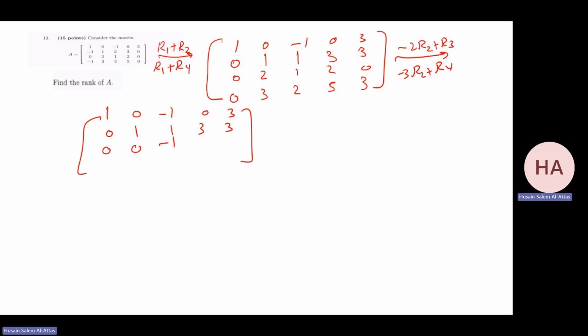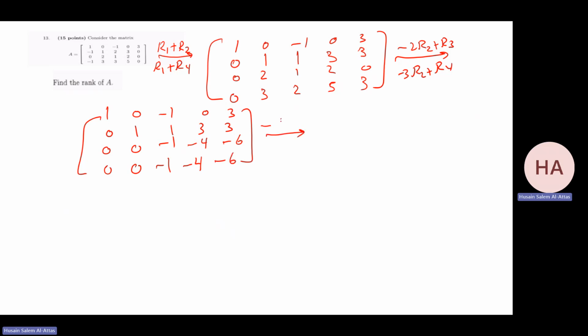That will be -1. -6 plus 2, that will be -4. -6 plus 0, that will be -6. Now by -3 and add, that will be 0. -3 plus 2, that is -1. -9 plus 5, that is -4. -9 plus 3, that is -6.